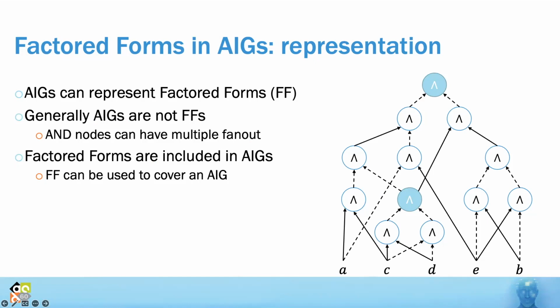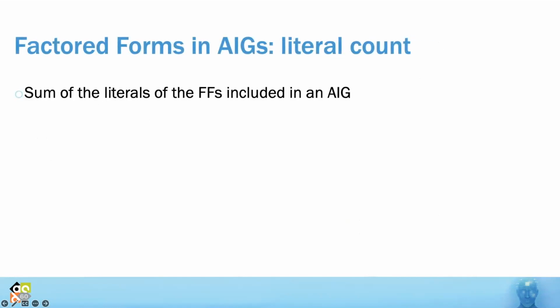For example, we can start from the primary outputs to the primary inputs, creating factor forms and extending them until we find nodes with multiple fan-out. For example, like this. And in this example, there are 2 factor forms that can cover the entire AIG. Hence, we can define the factor form literals included in an AIG as the sum of the literals of each factor form.